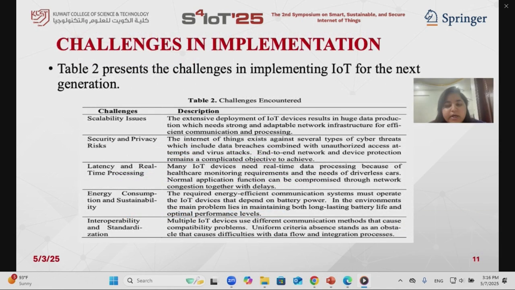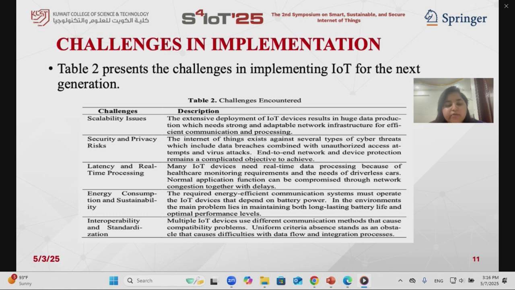In the challenges and implementation, basically a large number of problems halt the smooth integration of IoT into next generation networks despite existing positive development. Table 2 presents the challenges in implementing IoT for the next generation. In the first column it shows the challenges and the second column shows the description.